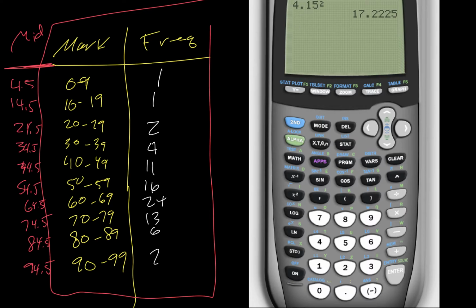And I might be wrong with this, but as far as I know, you can't enter frequency values into lists like this. You just have to enter 4.5 one time, 14.5 one time, and then enter this one 24 times.